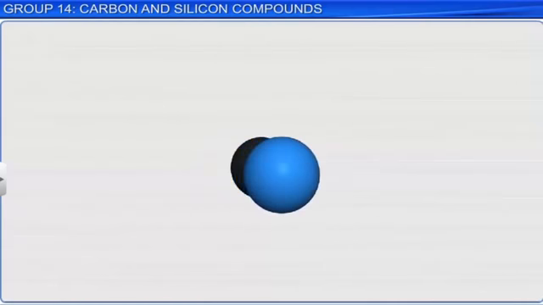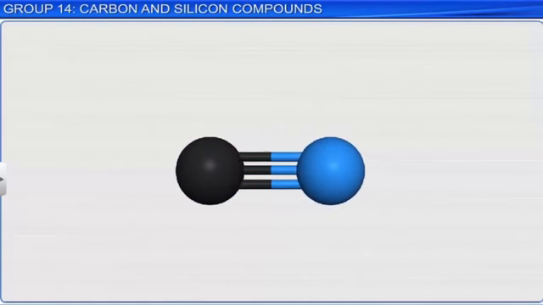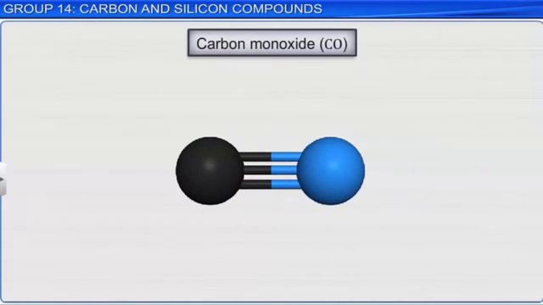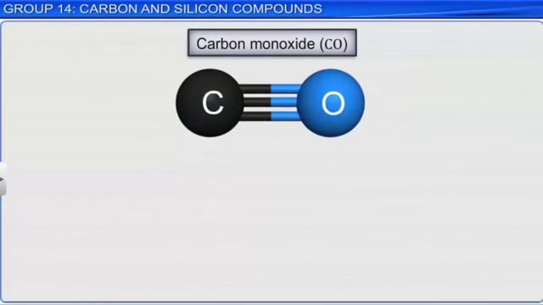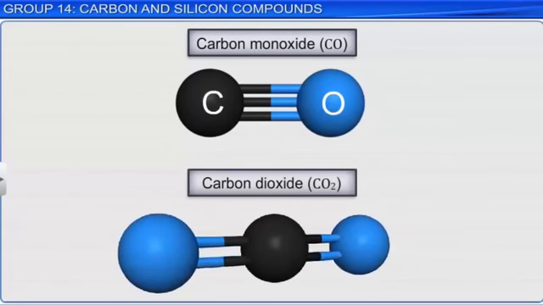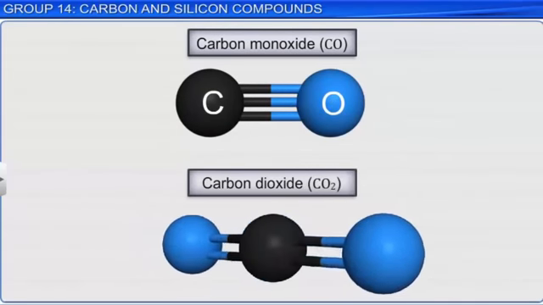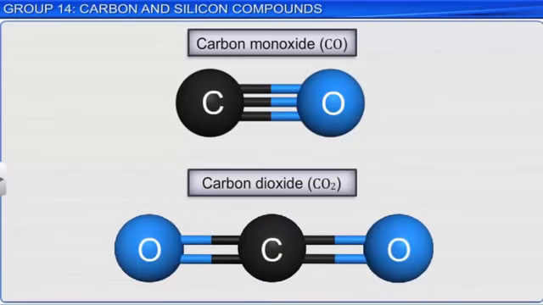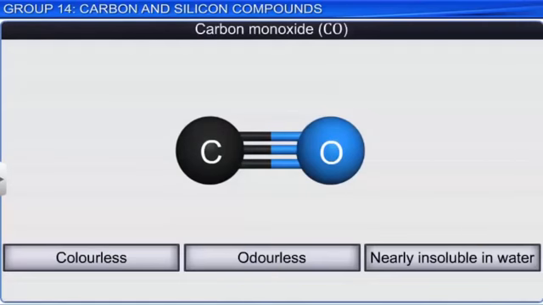We'll start with the oxides of carbon: carbon monoxide with the chemical formula CO, and carbon dioxide. Carbon monoxide is a colorless, odorless gas that is nearly insoluble in water.